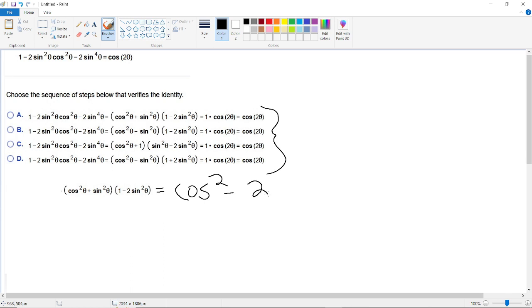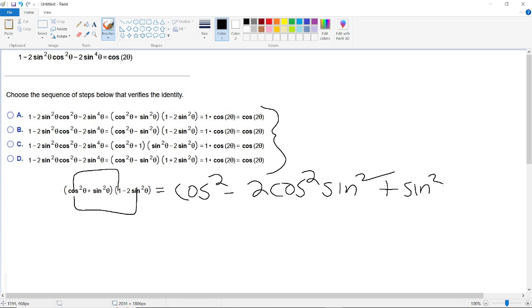Minus 2 cosine squared sine squared. So I just multiplied cosine squared times 1 and cosine squared times minus 2 sine squared. And then I get sine squared times 1, so plus sine squared. And then sine squared times minus 2 sine squared, which comes out to minus 2 sine to the 4th.